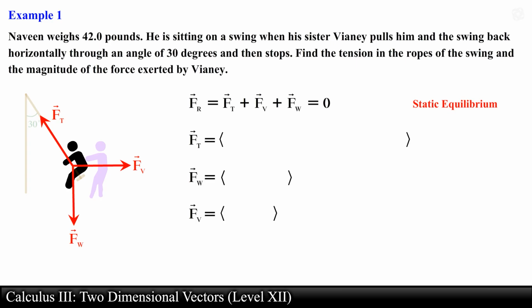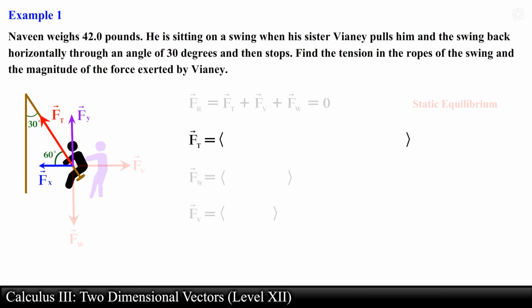Alright, let's go ahead and first find the component form of all the forces acting on Naveen. Using the geometry of the diagram, we can draw a right triangle with the ropes representing the hypotenuse and the x and y components of the tension force representing the legs. For this problem, you are free to use the 30-degree angle or the 60-degree angle that is formed by the sides of the right triangle, as long as you apply the trigonometric ratios correctly and assign the correct direction to the x and y components, everything will work out.